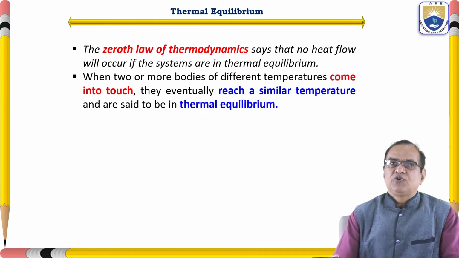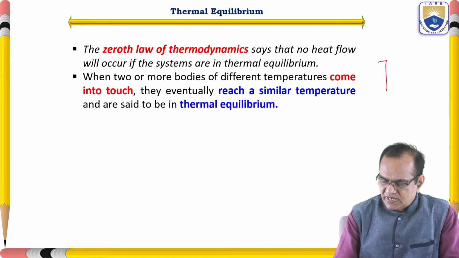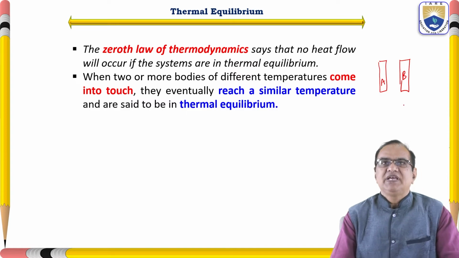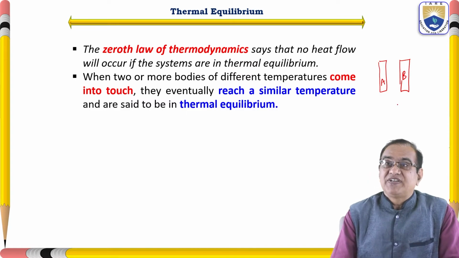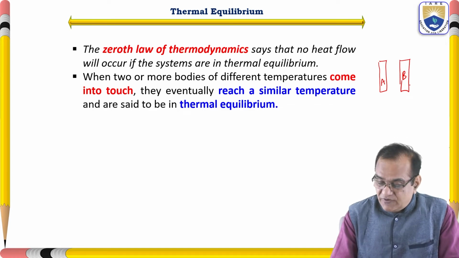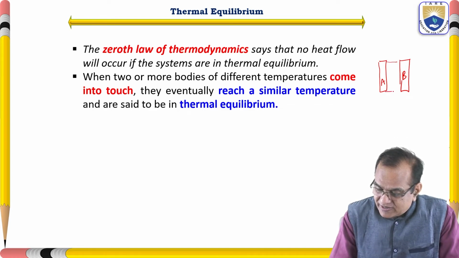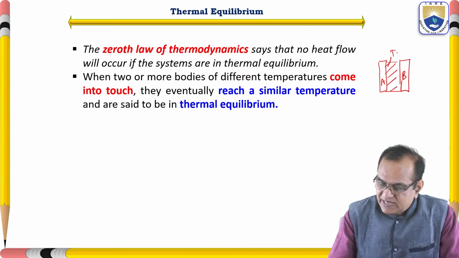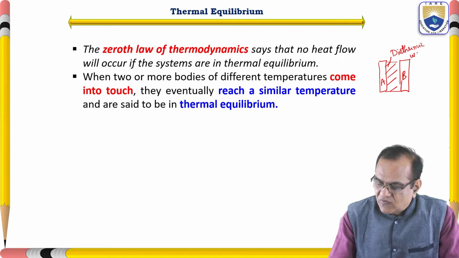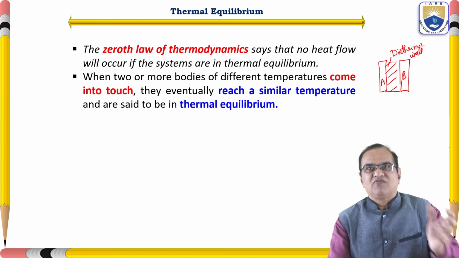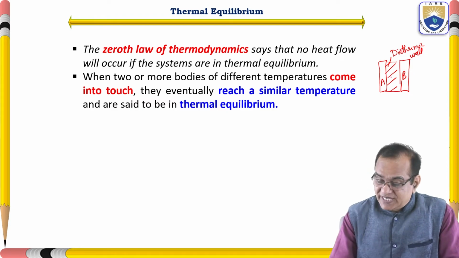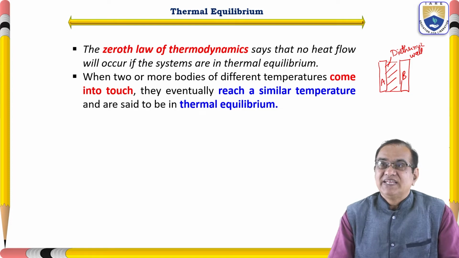So when we take two bodies, body A and body B, when two or more bodies of different temperature come into touch, and if you put here one diathermic wall, which means it is a full conduction wall, they eventually reach a similar temperature.